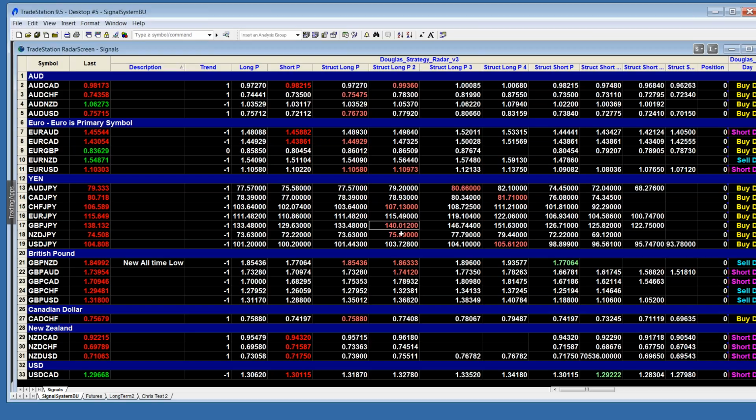Now, you will see that the pound yen at 140.012 has a red color. This software is available. This is the new upgrade, version 2.0, that we are using today.